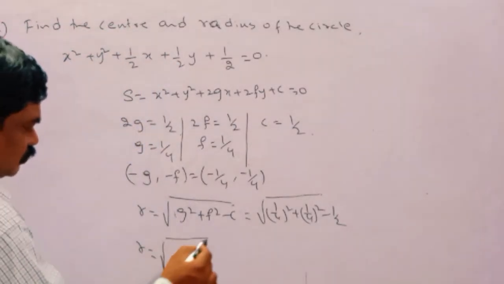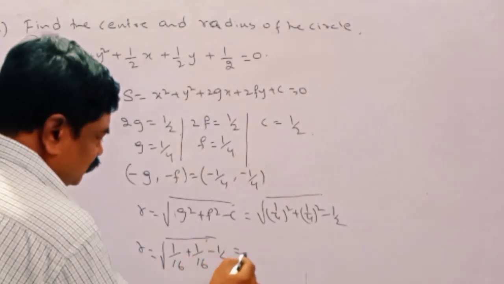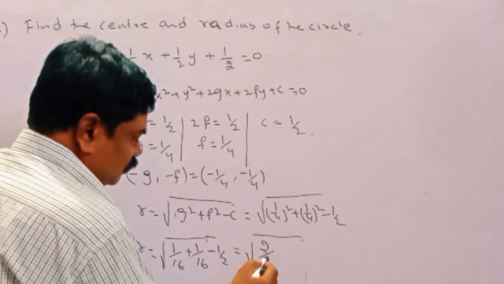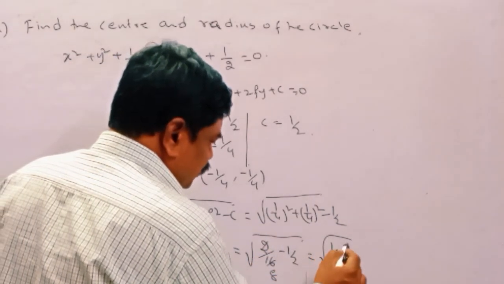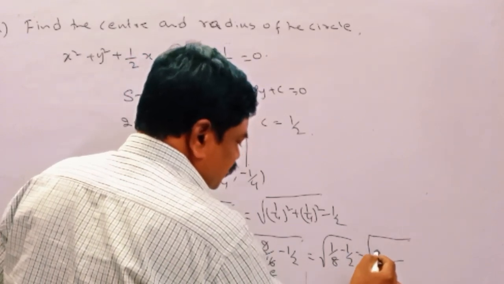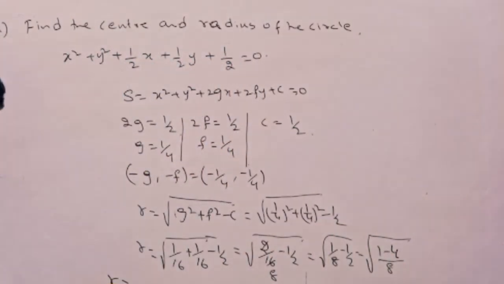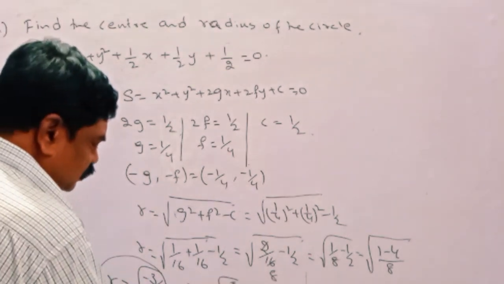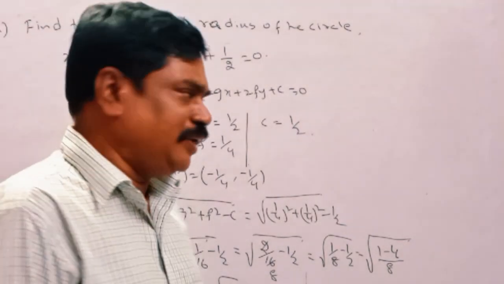Then r is equal to root over 1 by 16 plus 1 by 16 minus 1 by 2, equal to root over 2 by 16 minus 1 by 2, this is root over 1 by 8 minus 1 by 2. 8 is the LCM, so this is 1 minus 4. So the radius is root over minus 3 by 8, that is root over minus 3 by 2 root 2.